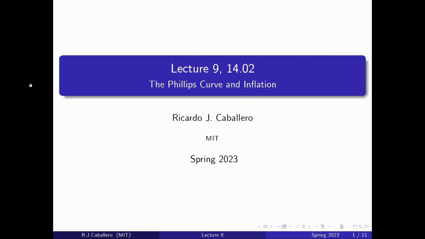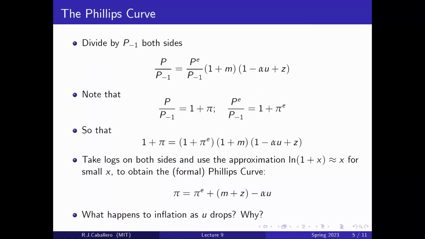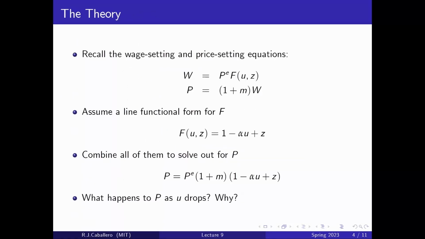The next step was to look at things that happen outside the natural rate of unemployment, and in particular what happens to prices there. So what we did is we went back to the model with the expected price. That means that the employment that comes out from this equilibrium is not necessarily the natural rate of unemployment.